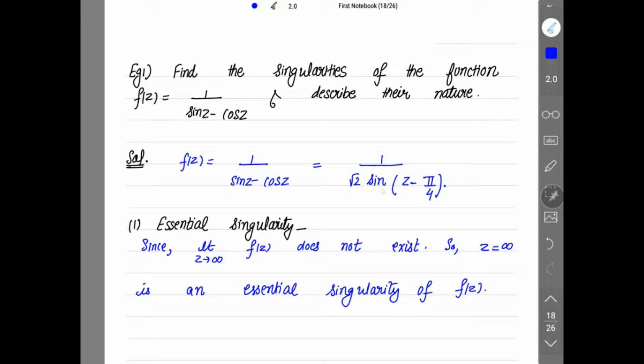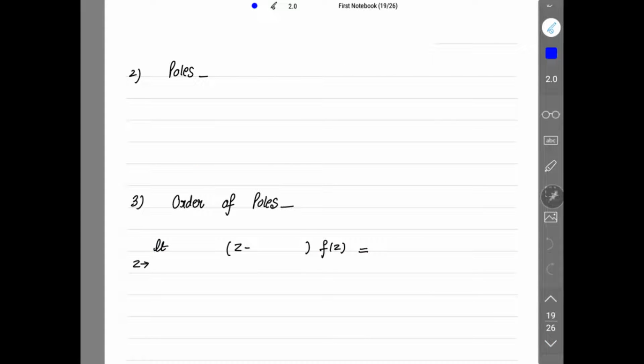That means sine of z minus pi by 4 should tend to 0. And let's check at what points I'm getting z so that this limit comes out to be infinity. So for poles, I have to take my denominator to be 0. That's why I will get my function to be infinity.